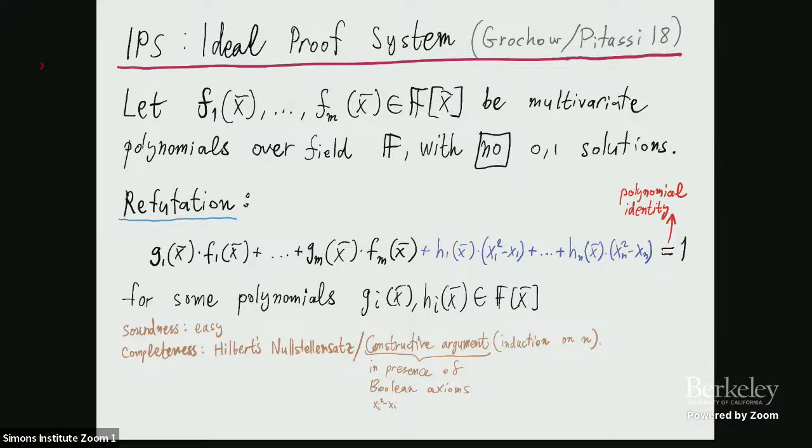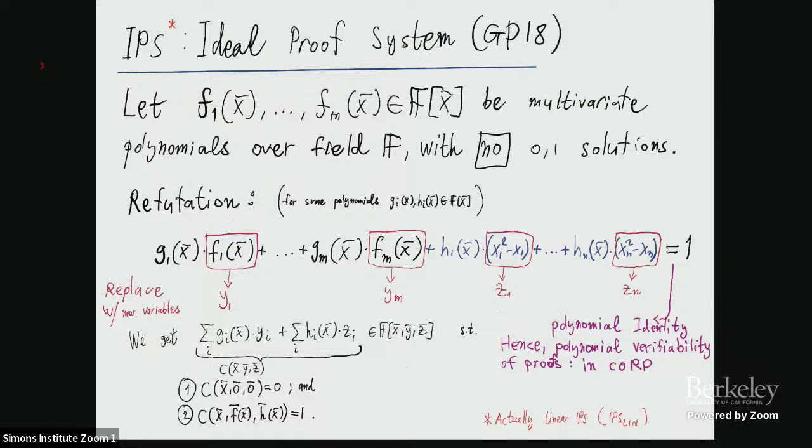This is how it was conceived in the 90s by Impagliazzo, Pudlák, Pitassi, Beame, Krajíček, Buss. In '94, or 90-something. So this is the Hilbert Nullstellensatz, but we don't need this fancy algebraic geometry. We can just have a constructive argument because we have these Boolean axioms. We can go by induction on n. That's complete. It's not necessary for us.